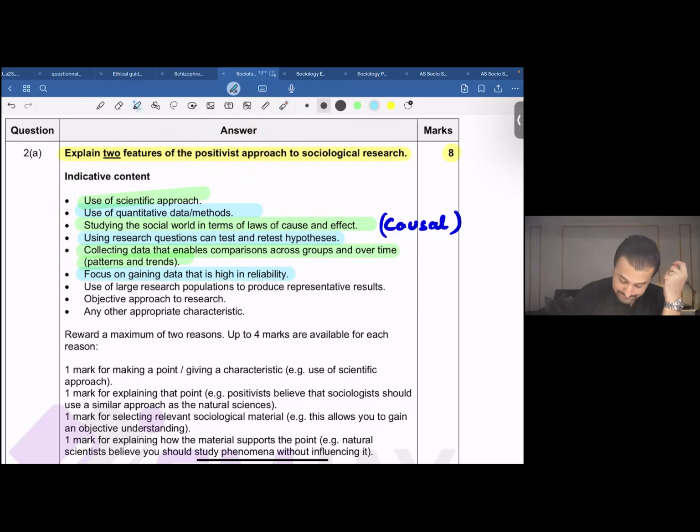Taking this ahead, the use of large research populations to produce representative data results. Again, if you are collecting quantitative data, you could collect that data through a large group as compared to qualitative data.